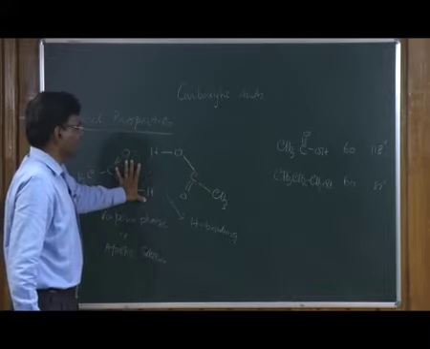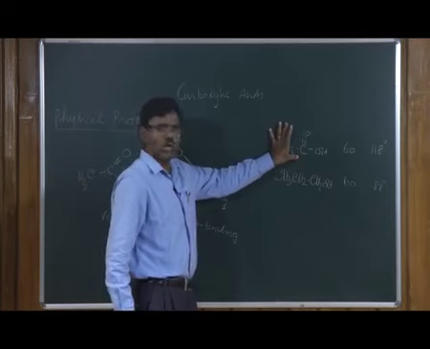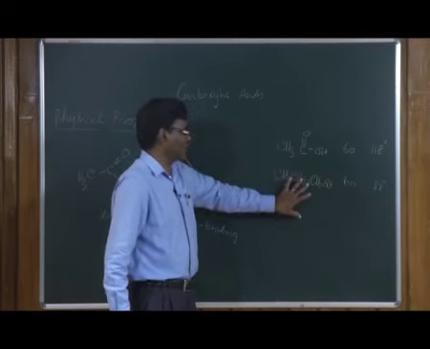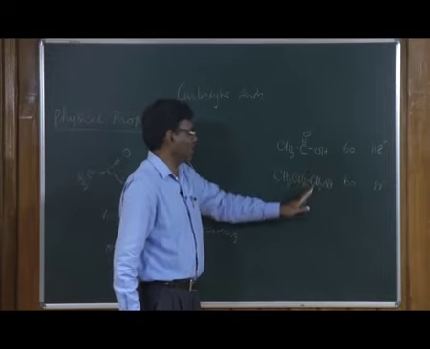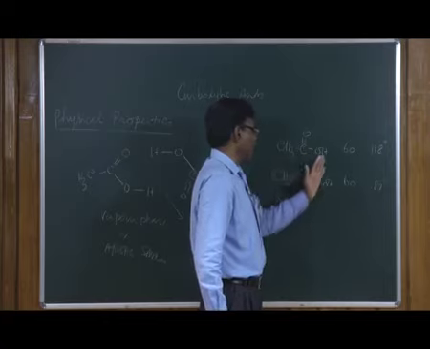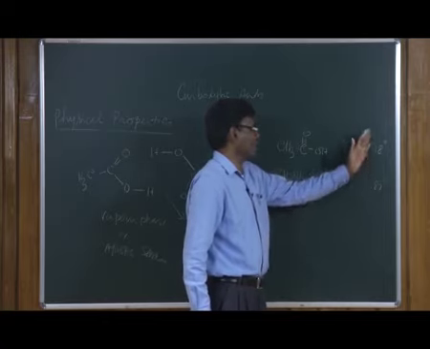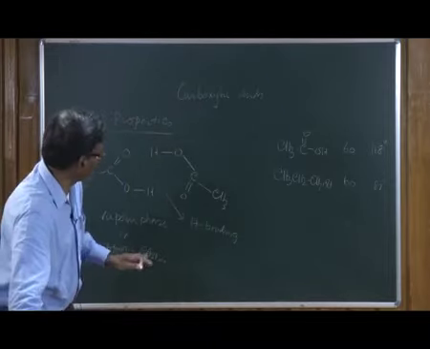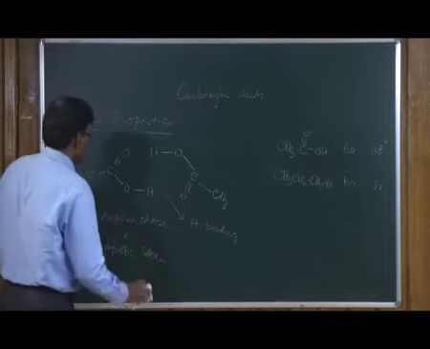Because of this hydrogen bonding, carboxylic acids show higher boiling point in comparison to aldehydes, ketones, alcohols. For example, in this case, both these compounds, carboxylic acid and alcohol, have the same molecular weight. However, the boiling point of carboxylic acid is higher than alcohol. This is because of intermolecular hydrogen bonding between the carboxylic acids.